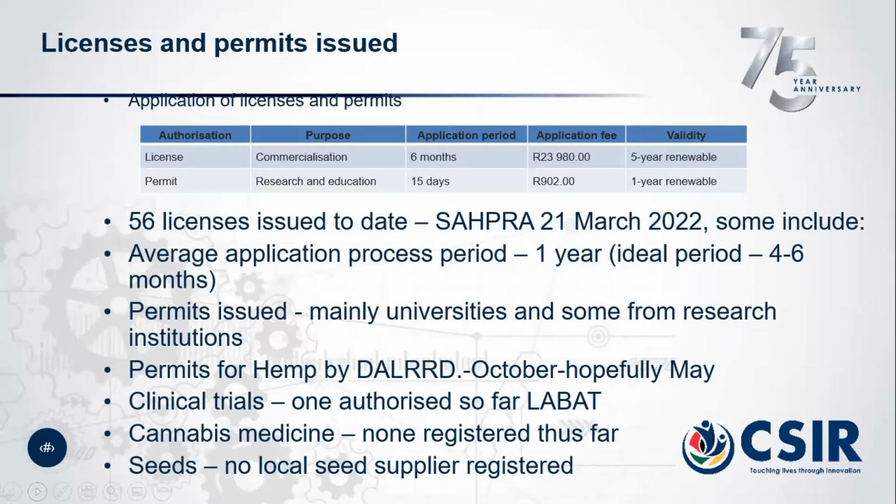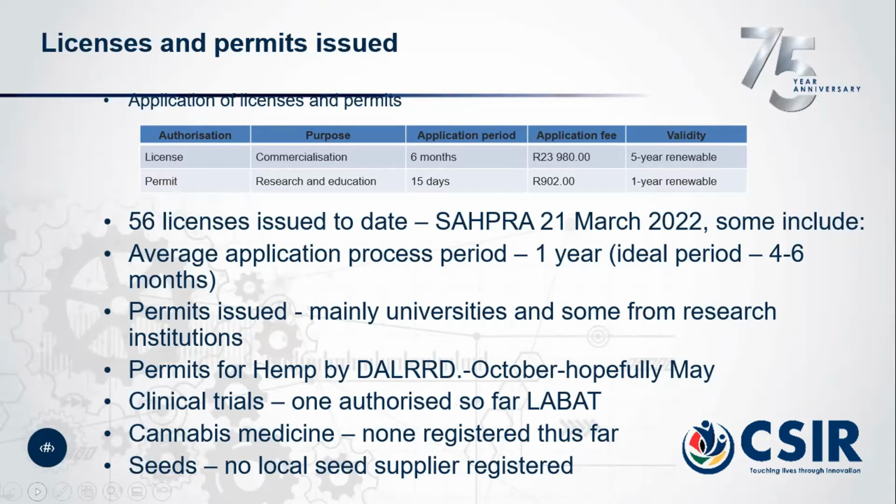And then we have just one authorized clinical trial in the country. We don't have medicines that are registered in South Africa. So those are some of the things we have to take into consideration. David mentioned that most of the products that we have now are imported.